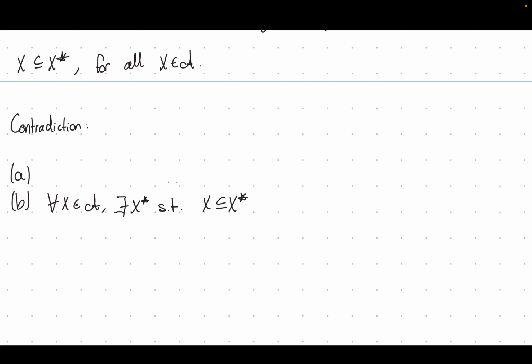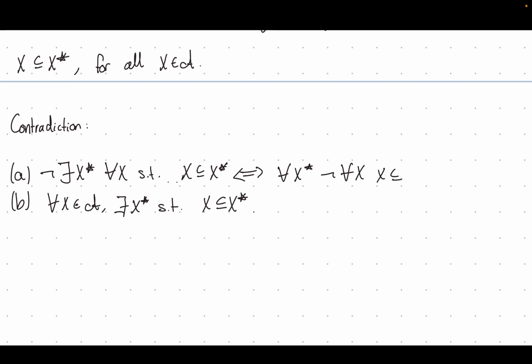Maybe what I wanted to say is that it is not the case that there exists some X star such that for all x, x is a subset of x star, which should be equivalent to, for all x star, it is not the case that for all x, x is a subset of x star. No, wait, then it should be.